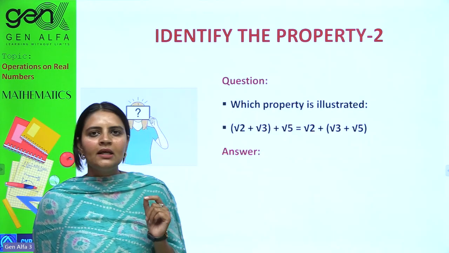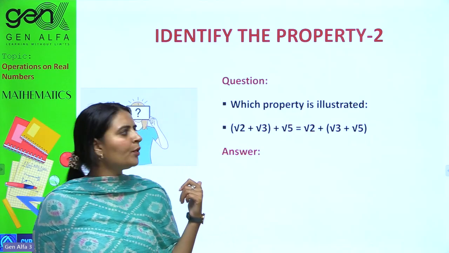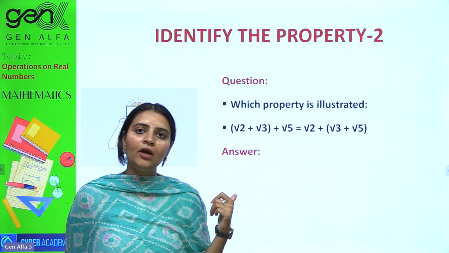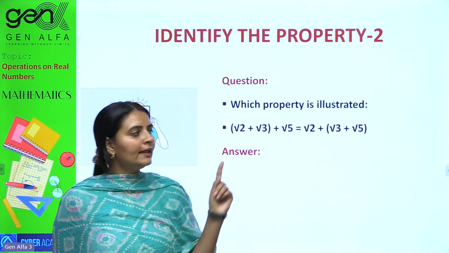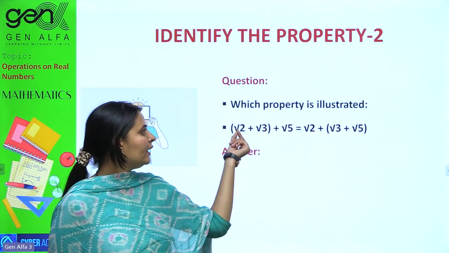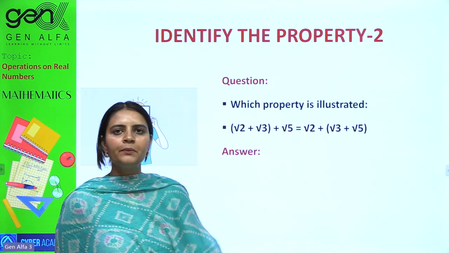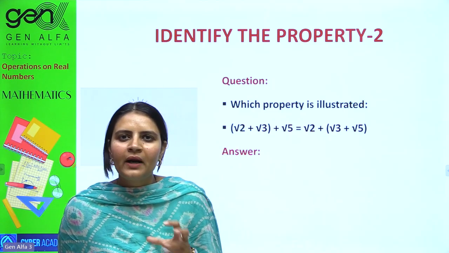Now, which property is illustrated over here? Just observe the property. Remember the hint? It's a game of brackets of three numbers. The numbers are same on either side: under root 3, under root 2, under root 5, under root 2, under root 3, under root 5. The numbers are same on either side, but it's a game of brackets only.